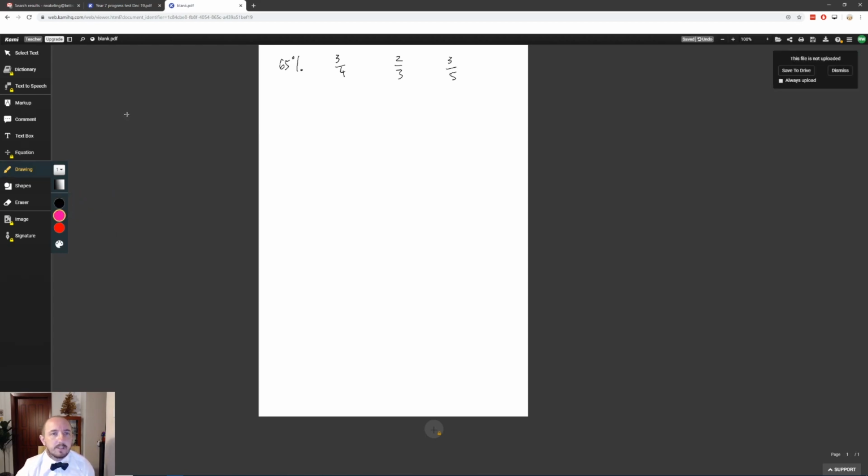We've already used 3/4 again, and 2/3 from the last question was 0.66. 65%, 65 divided by 100 would just be 0.65, and 3/5, if we do that in a similar way as last time, 5 into 3 goes 0, remainder 3, 5 into 30 goes 6. So this is 0.6. I'll just add an extra 0 there so that we can compare these a bit easier.